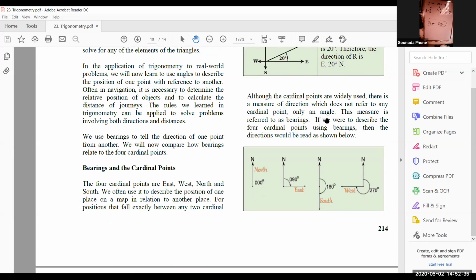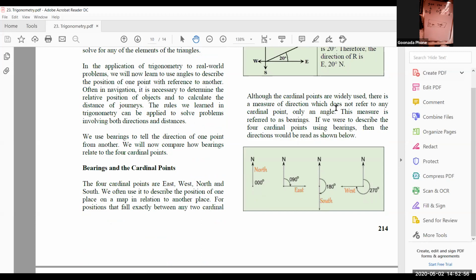Although the cardinal points are widely used, there is a measure of direction which does not refer to any cardinal point, only an angle. This measure is referred to as bearings.